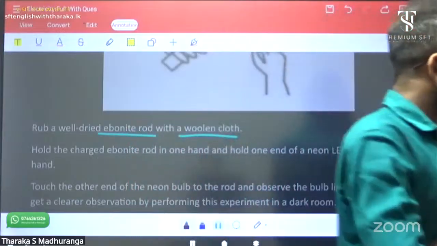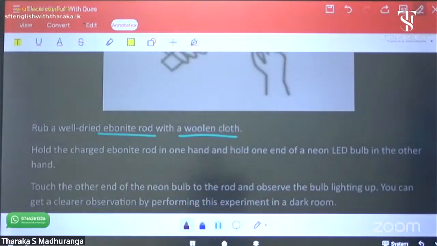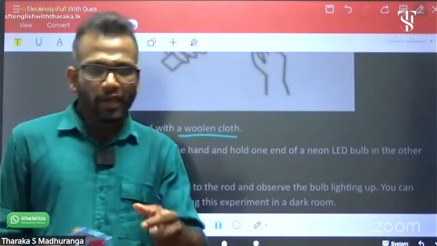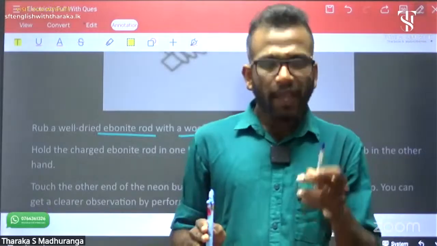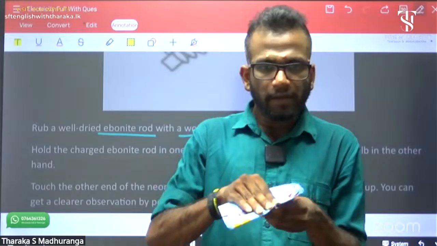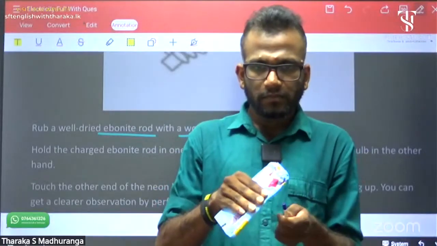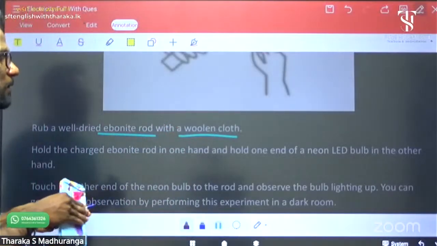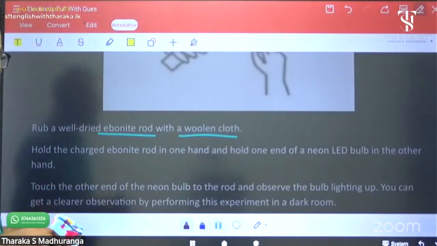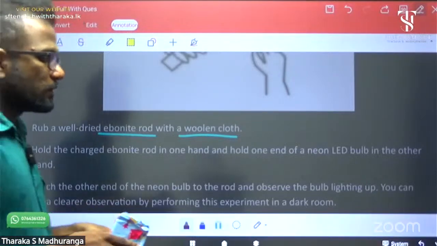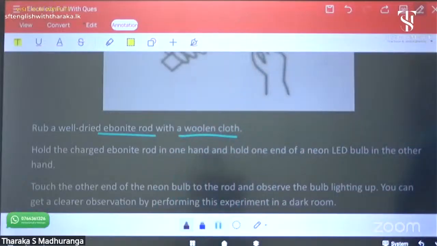The same thing, you can get the observation using this pen as well. Now I have a paper and this plastic pen. I'm going to rub this pen with this paper. But the problem is, today I don't have an LED. It's not working. Okay, let's do it next day.